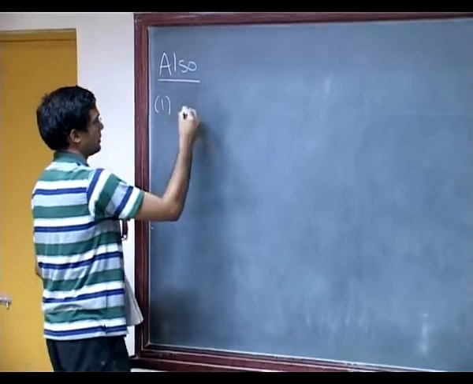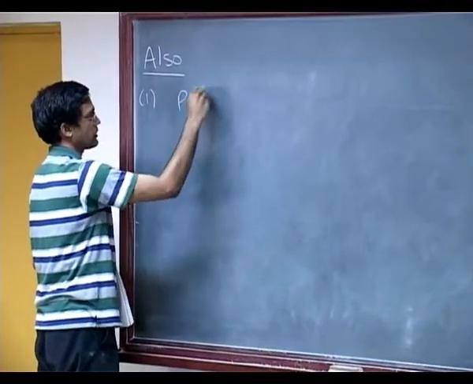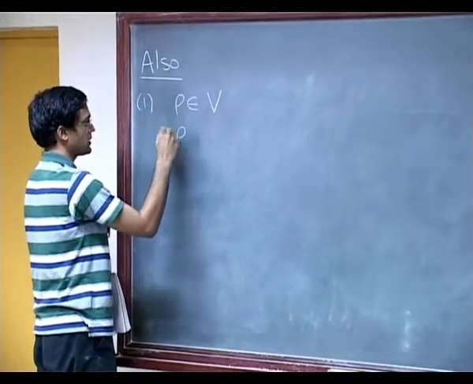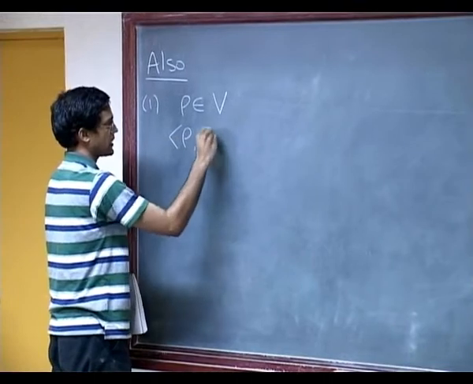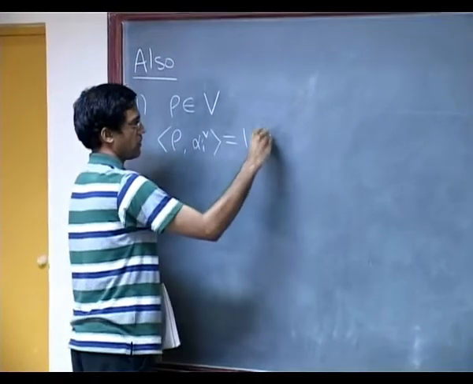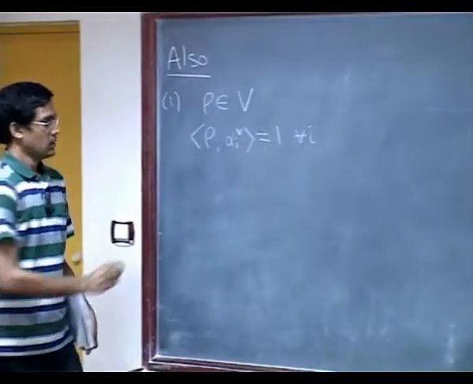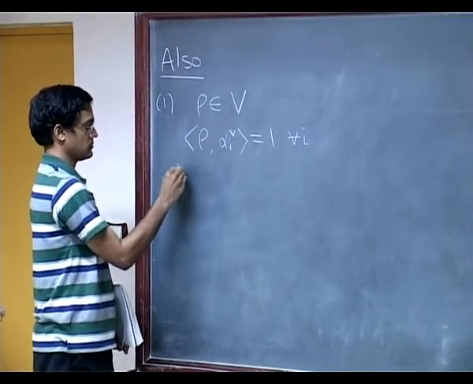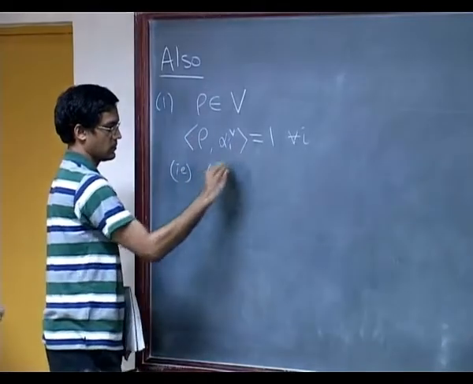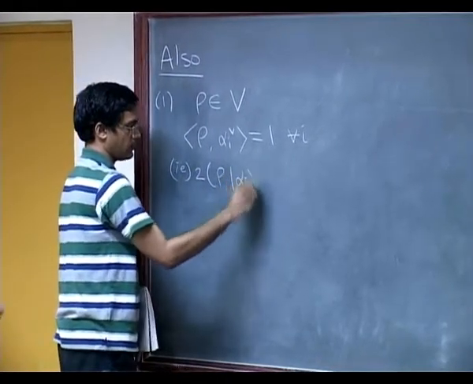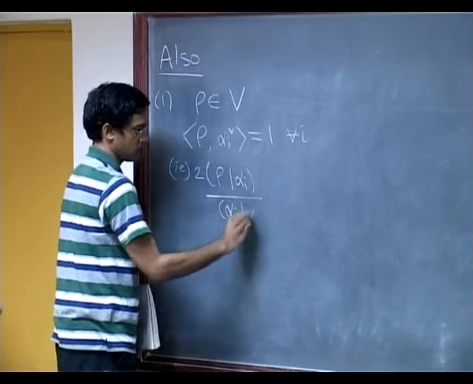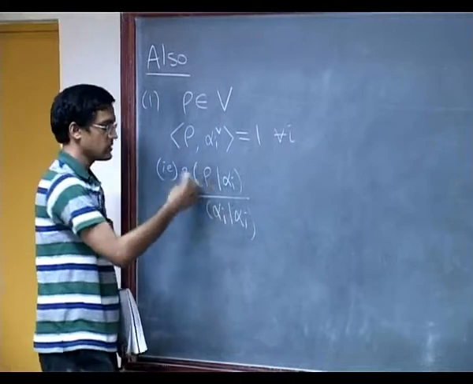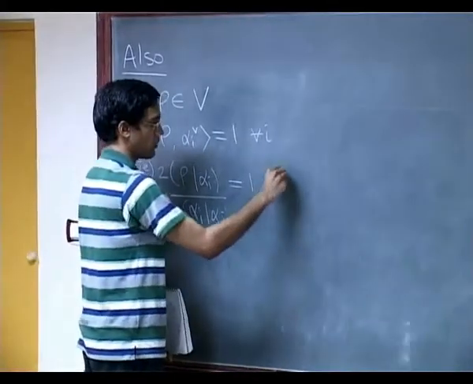One, here I am just thinking of it in terms of the root system, it is that element of V which has the property that the inner product of rho with alpha I check is 1 for all I. And if the checks are bothering you, equivalently 2 times the inner product of rho and alpha I over the inner product of alpha I with itself. So, remember, evaluating a check is nothing but 2 alpha I over alpha I alpha I, taking the inner product with that is 1 for all the simple roots.